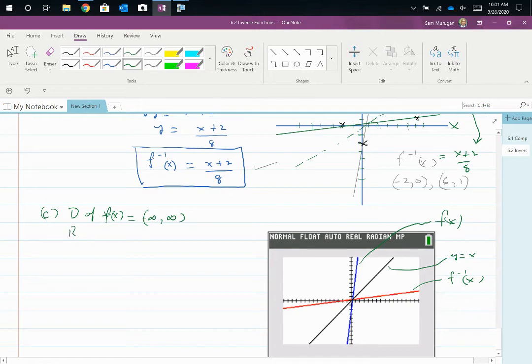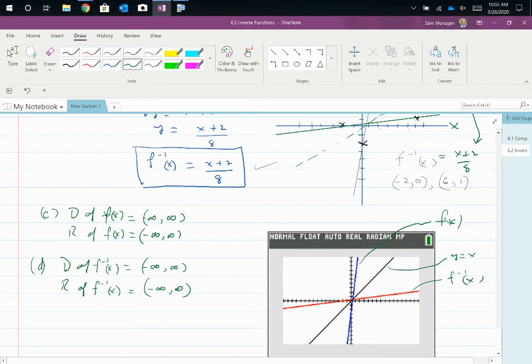The range of the original function is also negative to positive infinity. So the domain of the inverse function is still negative to positive infinity, and the range of the inverse function is still negative to positive infinity.